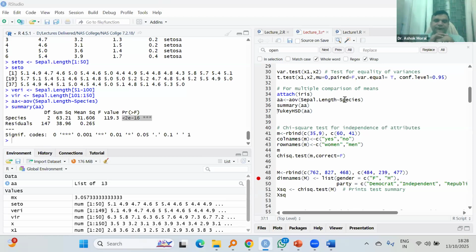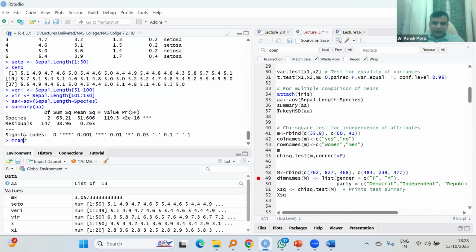Very small number, less than 0.05. Reject H naught. Reject H naught means the means of all the groups are not same. How will you check it?